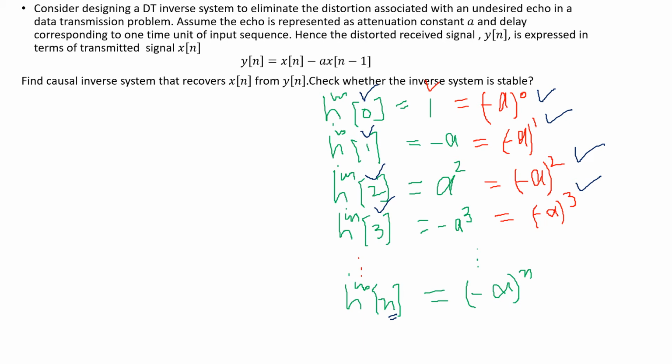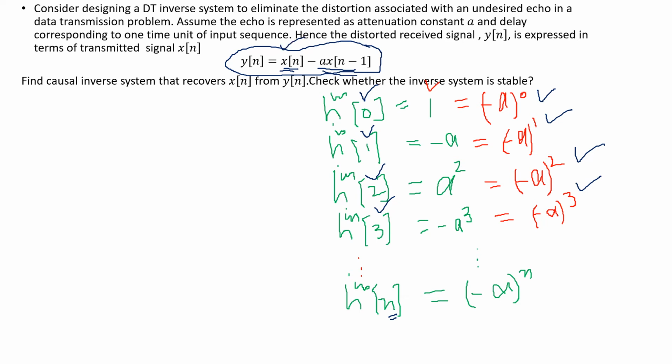If we convert, that will recover x of n from this. Originally we have y of n equals x of n minus a x of n minus 1, but we are interested only in x of n, because this is a type of distortion that is distorting the original signal.